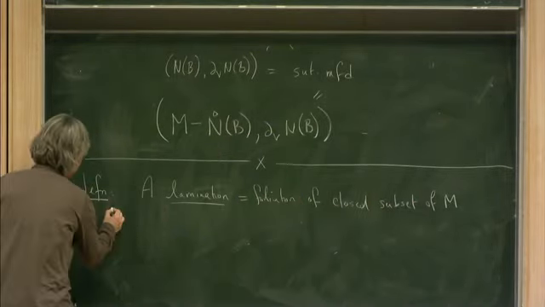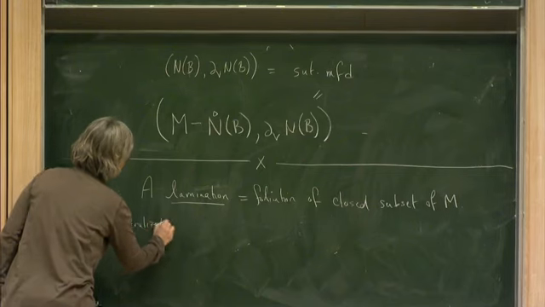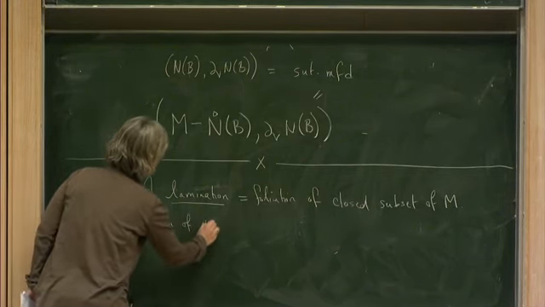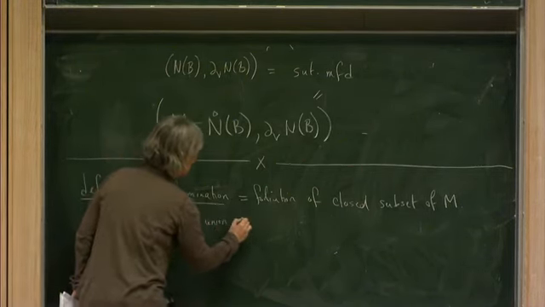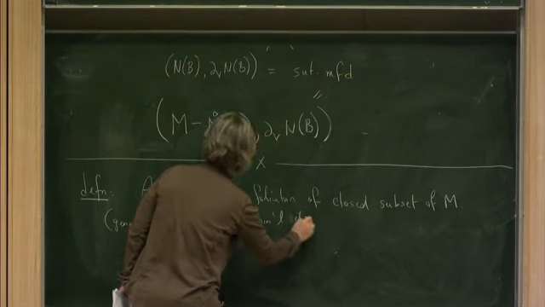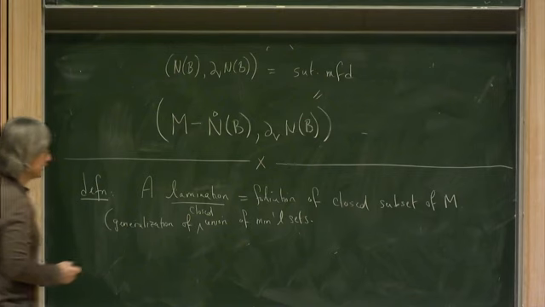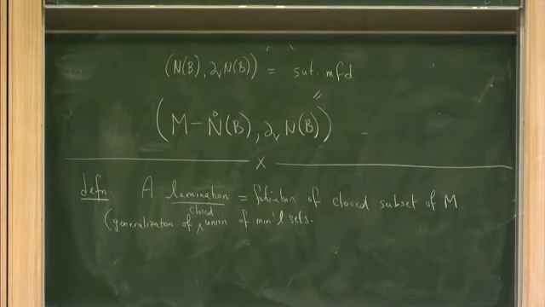You can think about it as a generalization of a union of minimal sets. Closed union, just to make sure I don't take some limiting set of compact leaves. So in particular, any finite union of minimal sets is going to be an example of a lamination.